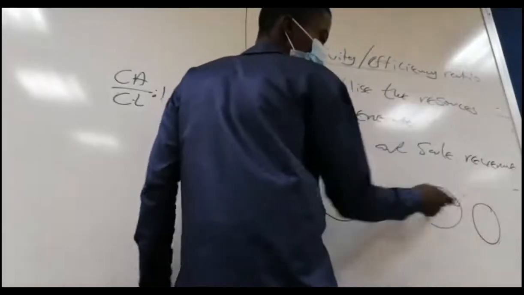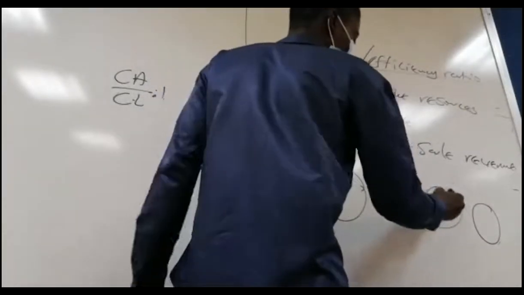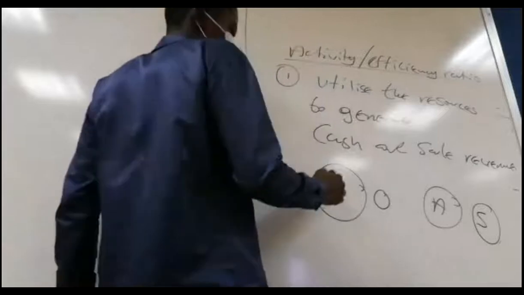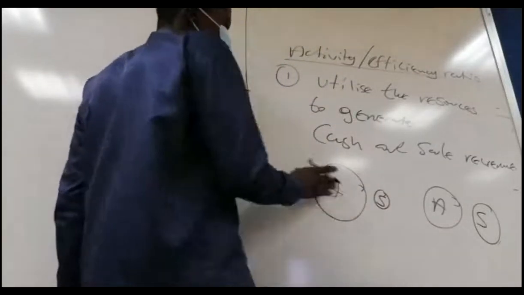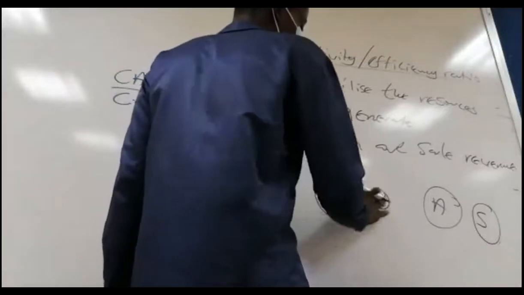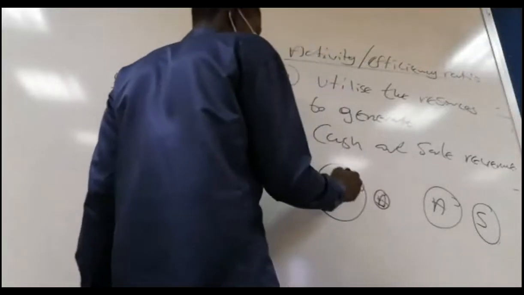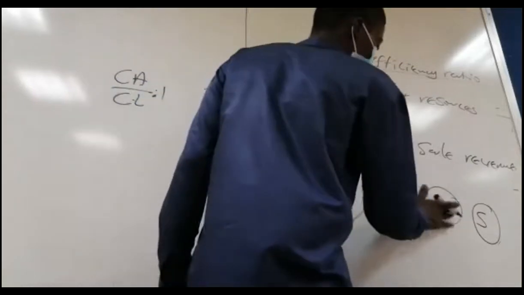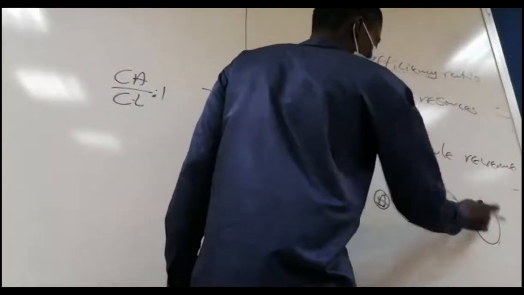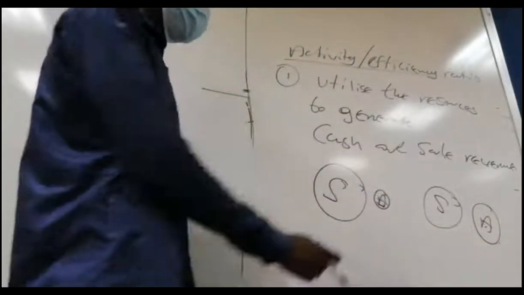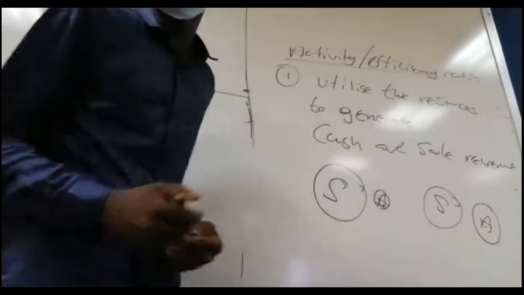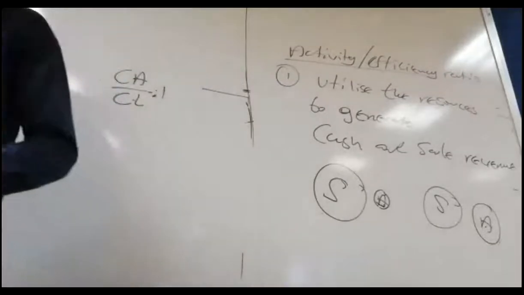If you see the asset and the sales, this is your asset, this is your sales, you're not doing well. If I turn it upside down, this is your sales, this is your asset, yes, you're doing well. With little assets, you can turn it around to generate money for the organization.